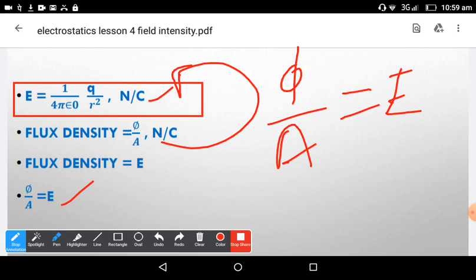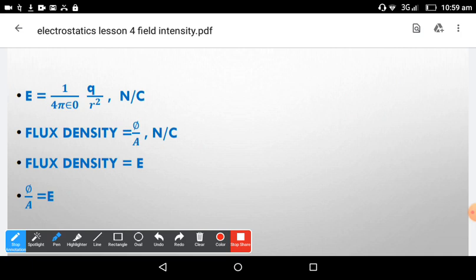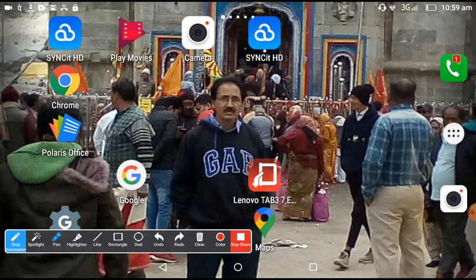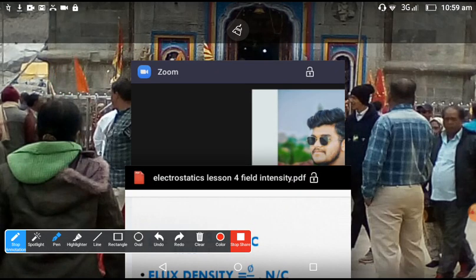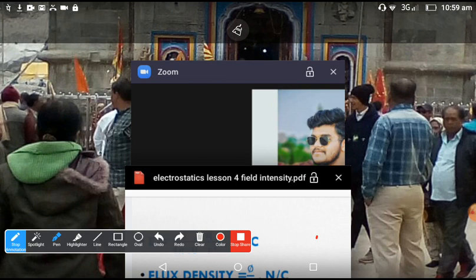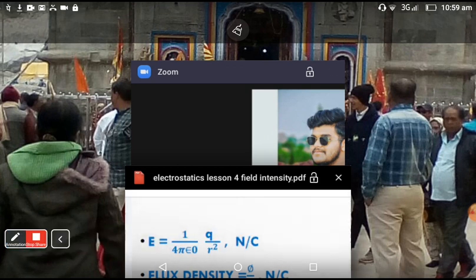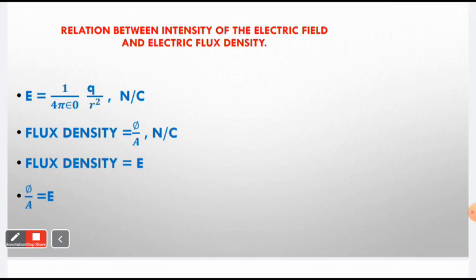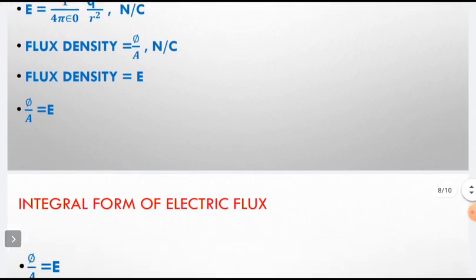And then how to write it in integral form?